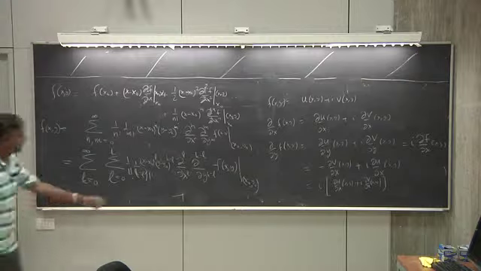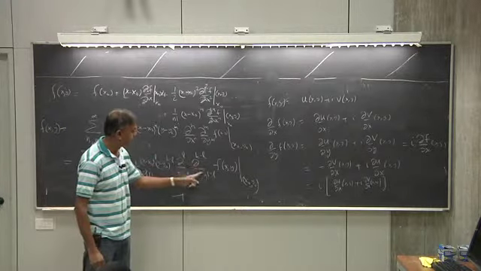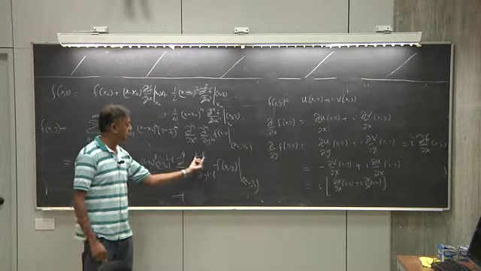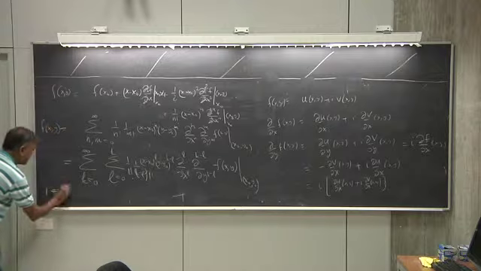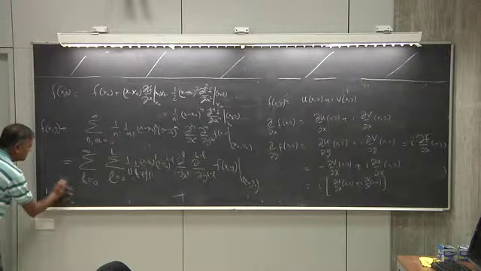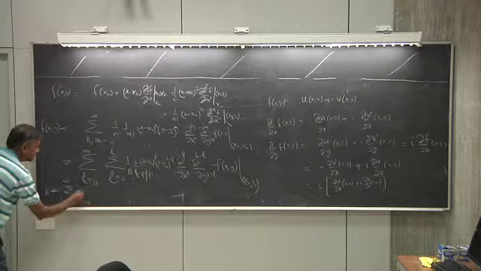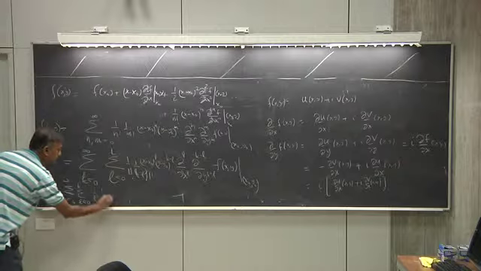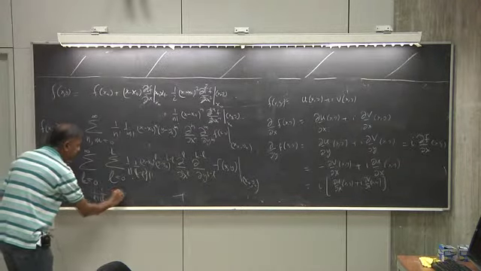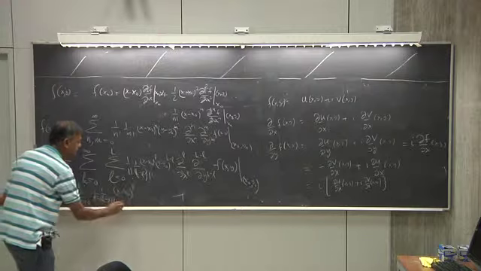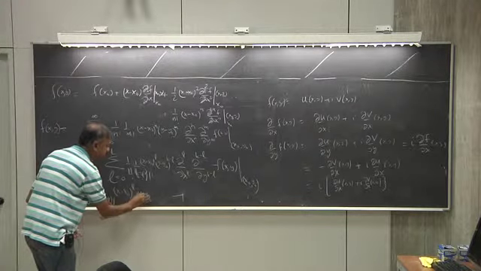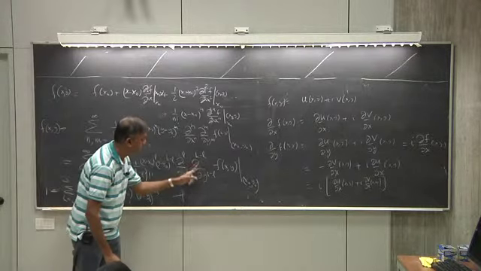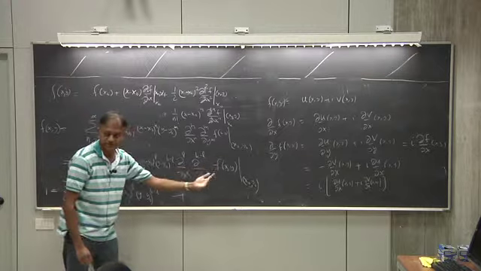So now wherever I find d by dy, I can just replace it by i times d by dx. So in particular, I rewrite this as the sum k equal to 0 to infinity, L from 0 to k, 1 over factorial L, 1 over factorial k minus L, and then you have x minus x0 to the power of L, and y minus y0 to the power of k minus L. And then I replace each d by dy by i times d by dx, right?